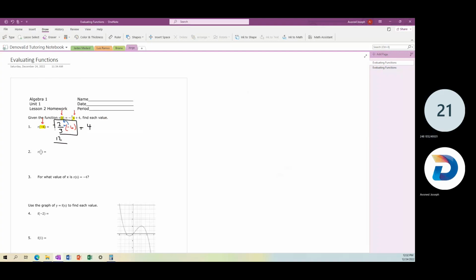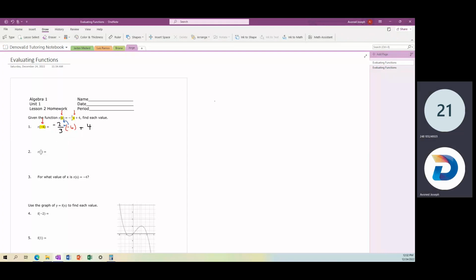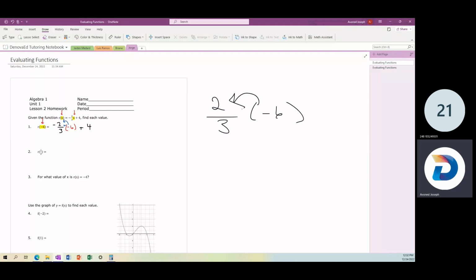So look, we have 6 times 2, and we got 12. What is left over? What's the denominator? Okay, let me break it down. We have 2 times 3, and then we have 6. Whenever we have a fraction times another number, we're using multiplication.